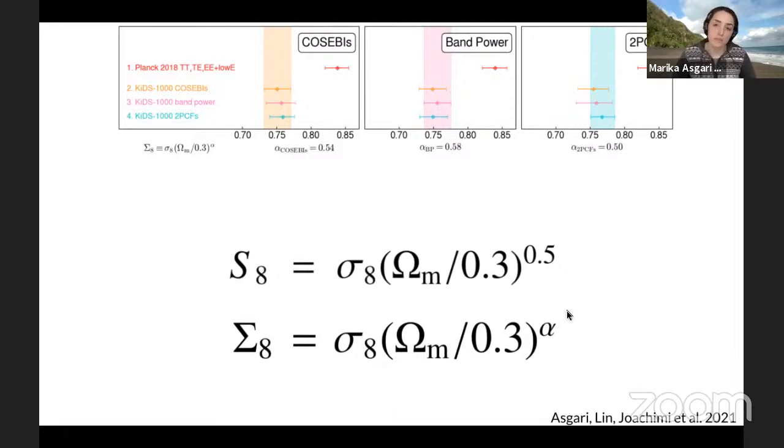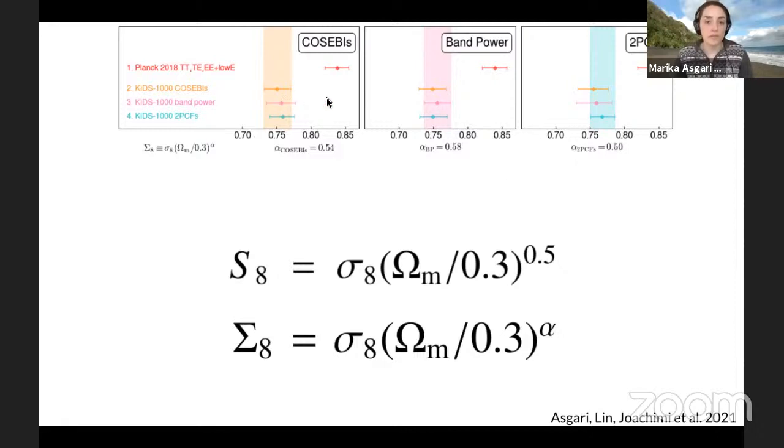So now capital sigma 8 is exactly perpendicular to the banana. And you can see that if you use COSEBIs or band powers or two-point correlation functions, you get different values for alpha. So their degeneracy direction is not exactly the same. So the first line here is showing the Planck constraints for capital sigma 8. And the other 3 are showing values for our analysis.